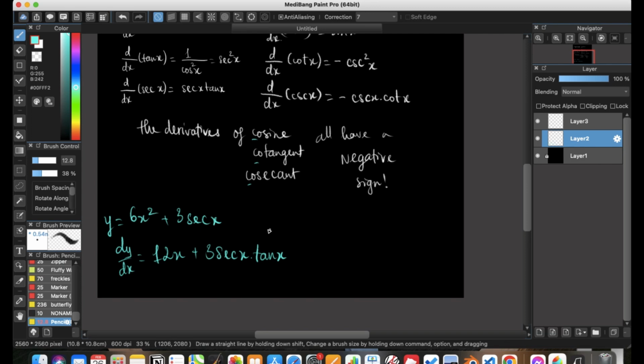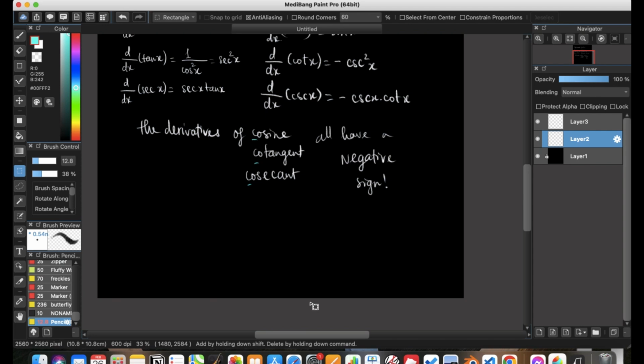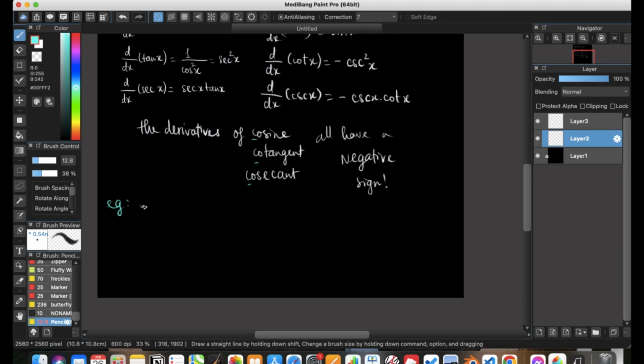This is our derivatives of trigonometric functions. And now, let's say we have to apply the chain rule. So let's take a look at this example. f of x is equal to cotangent of 4x minus 6. Here we're going to apply the chain rule.